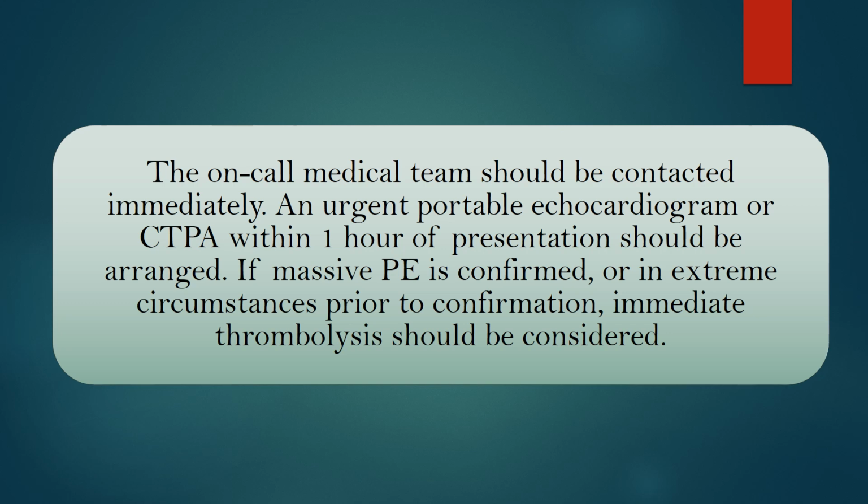The on-call medical team should be contacted immediately. An urgent portable echocardiogram or CTPA within 1 hour of presentation should be arranged. If massive pulmonary embolism is confirmed, or in extreme circumstances prior to confirmation, immediate thrombolysis should be considered.